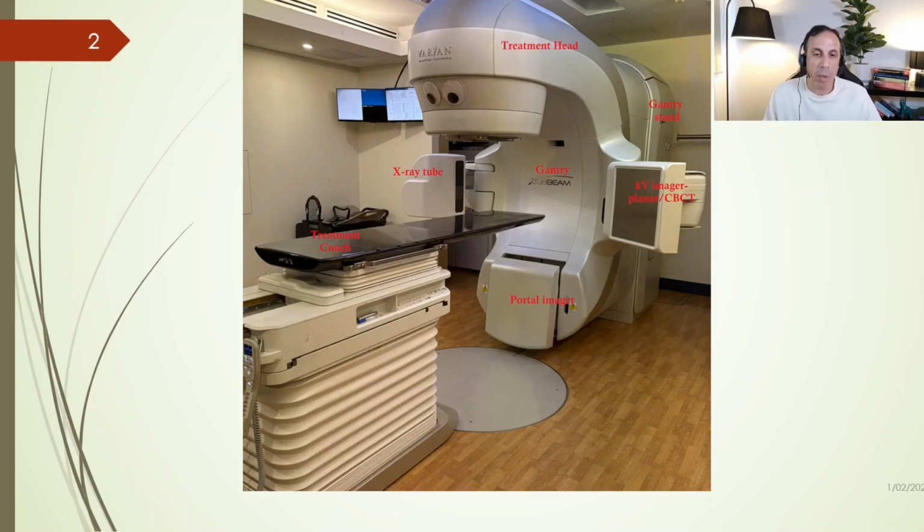Enabling planar imaging, it means images like radiography, as well as cone beam X-ray CT. It can create CT images using a cone beam system. It is a little bit different from our conventional CT, which we are using in the imaging centers. This provides three-dimensional images of the patient immediately before or even during the treatment.